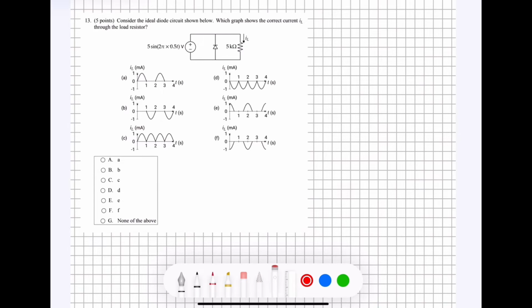When the diode is on, that means that the current is going to be flowing in the same direction as this diode, and it's going to essentially behave like an open wire. If the diode is off, the current is going to be flowing in the opposite direction of this diode.